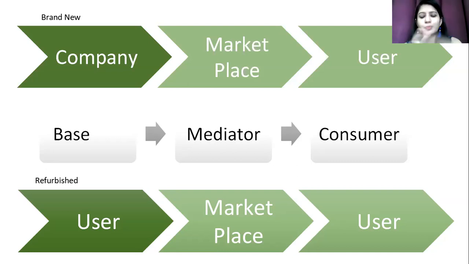Everything has to be tested. Once it is tested, the condition is given to it, that is refurbished. Now it is refurbished and ready to be sold again. It is sold on that website itself, and the new users have it. They are the consumers. So this is the overall path from brand new to refurbished. We can say that the refurbished product is an extension of brand new.